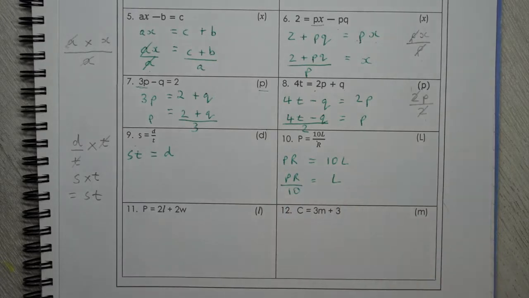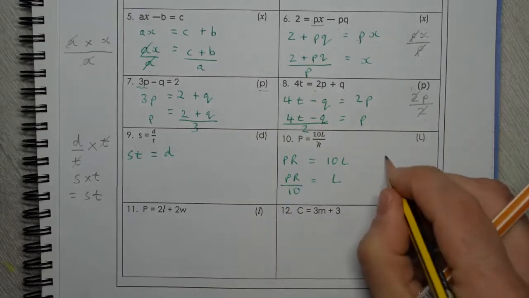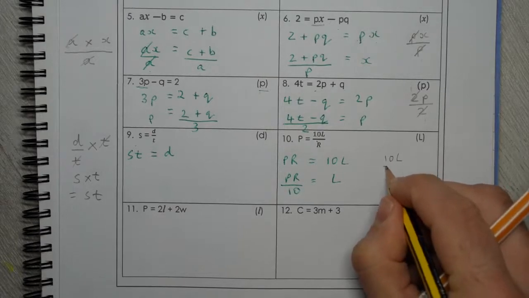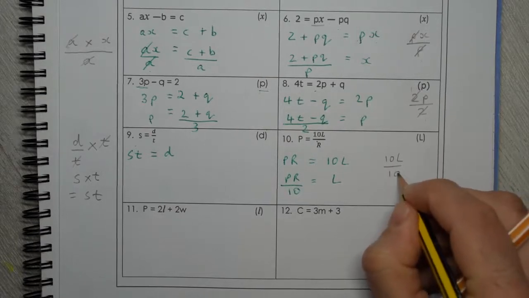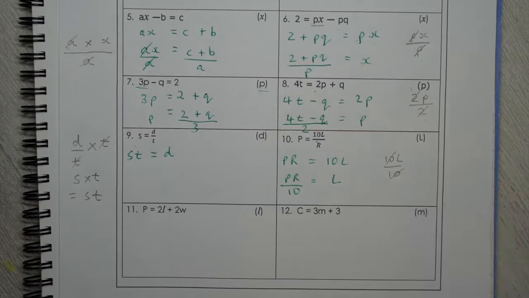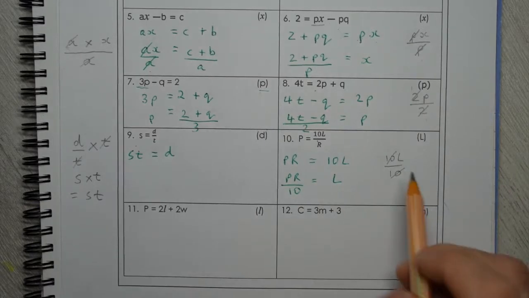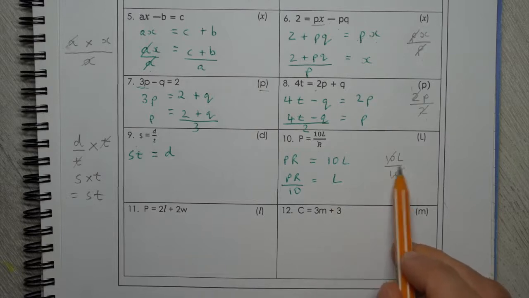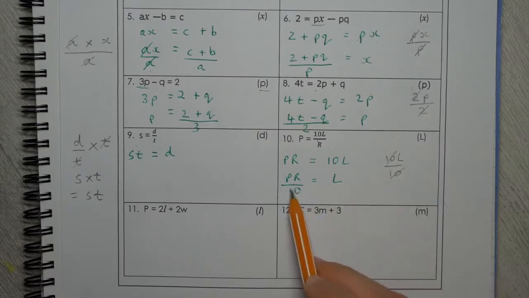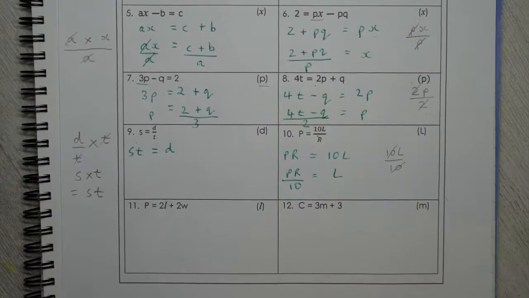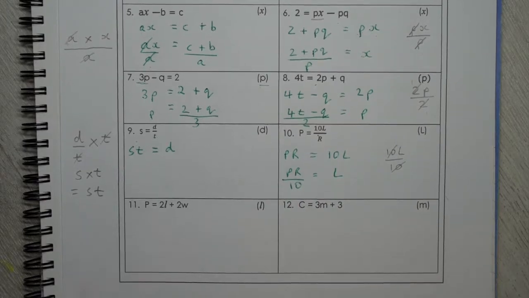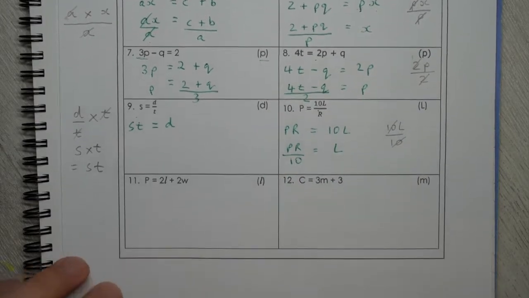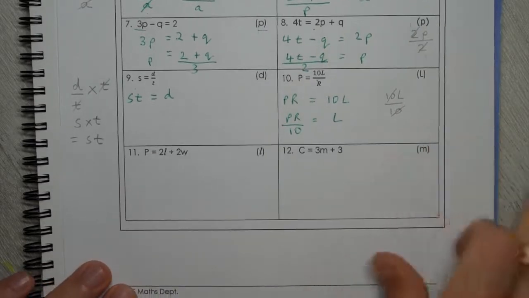What we did on this side to eliminate it is we have 10L on 10, divided by 10. They cancel each other, so we end up with only L. But since we have divided by 10 here, we have also to divide by 10 on the other side as well. Remember, what we do on one side, we have to do it on the other side as well.